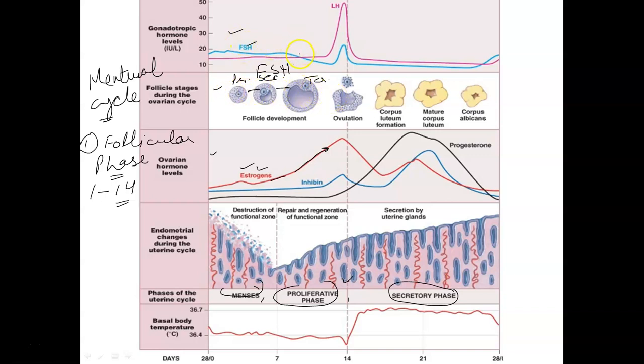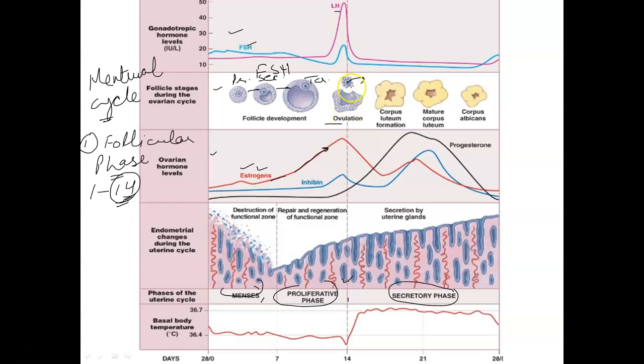So estrogen level also rises because of that development of follicle, and FSH is also rising. The LH is rising too, and when it reaches the peak, which is known as LH surge, at the end of that phase, that is the 14th day, this LH stimulates rupturing of the Graafian follicle, so the egg will be released.